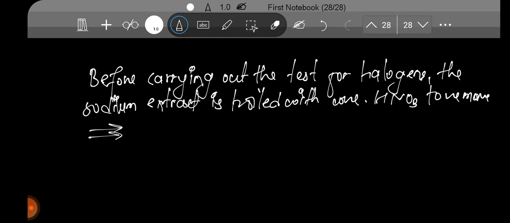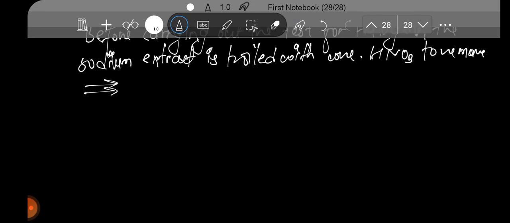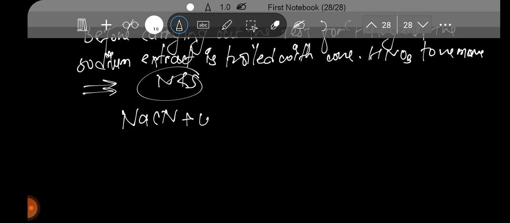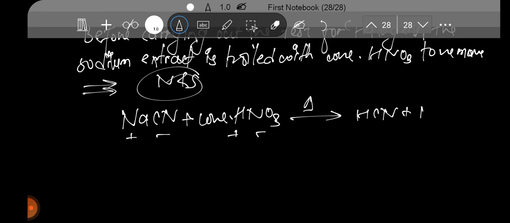What is the reason for adding it? We have dealt with the consequences. Now what is the solution after adding conc HNO3? If we have nitrogen and sulfur in the halogen compound and it forms NaCN, then it reacts with conc HNO3 and on boiling gives HCN plus NaNO3.